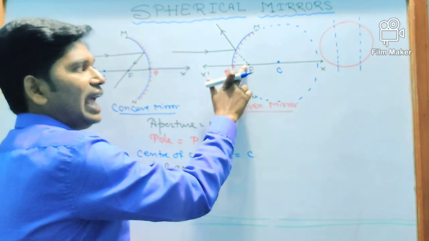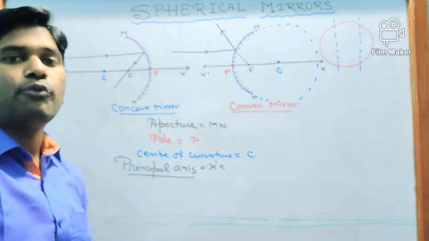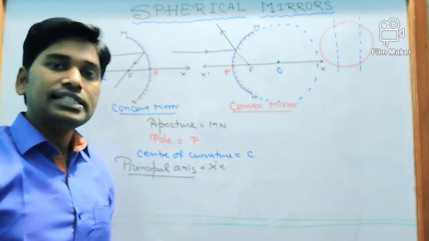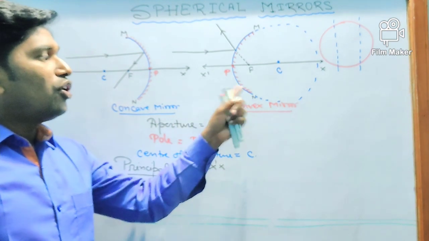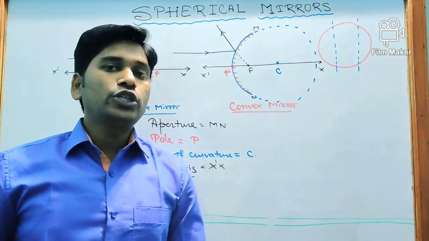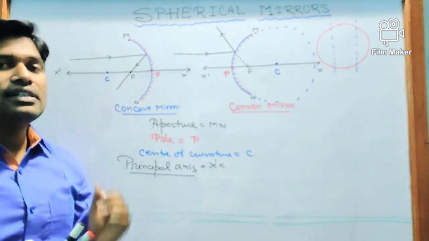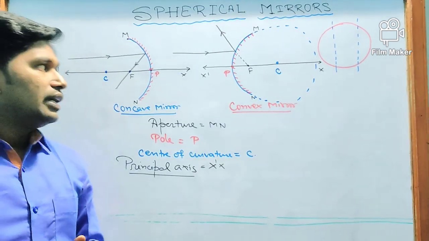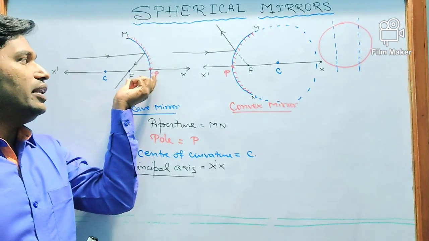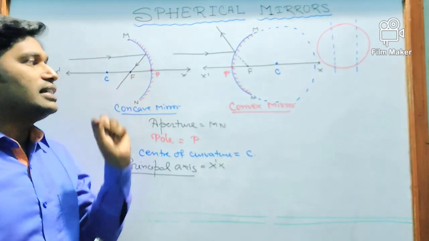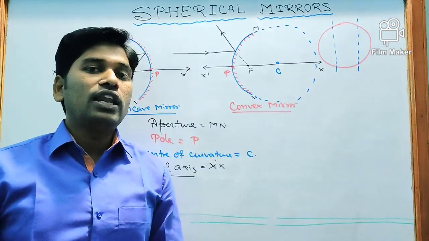They are not actually intersecting at point F. So we can tell children that a convex mirror has a virtual focus and a concave mirror has a real focus. The distance between pole and focus is known as the focal length.